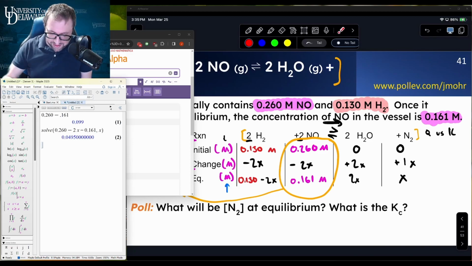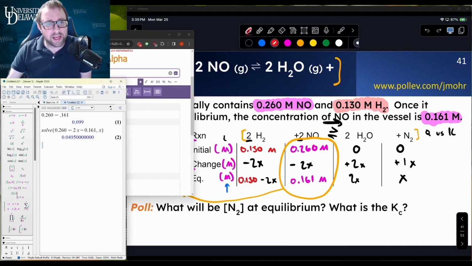So that's okay. All right, so we get our x value here is 0.0495. You would also be okay calling it 0.050 if we rounded it to 2 sig figs, which that says we would. That would be acceptable, but no big deal either way.